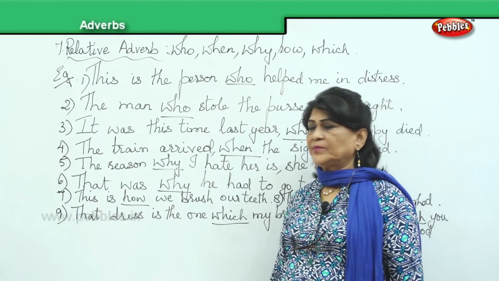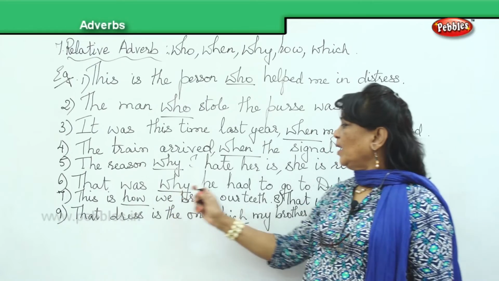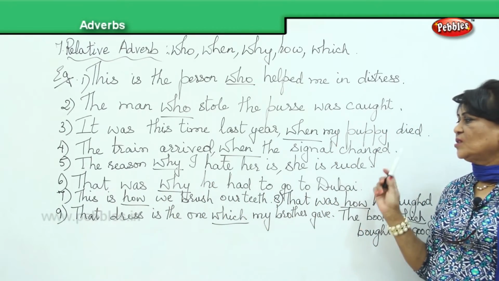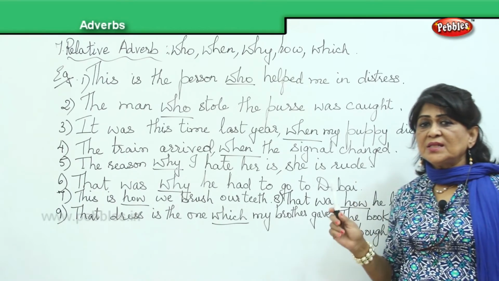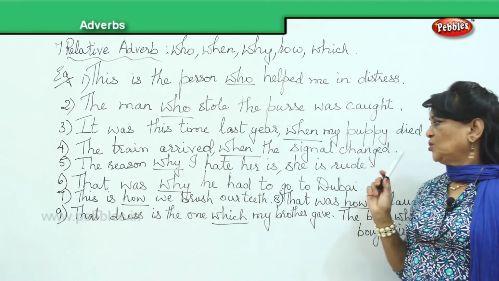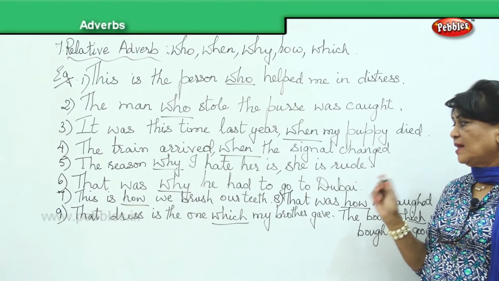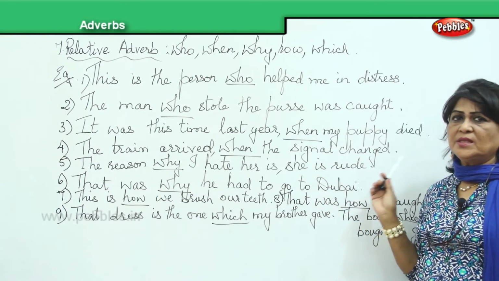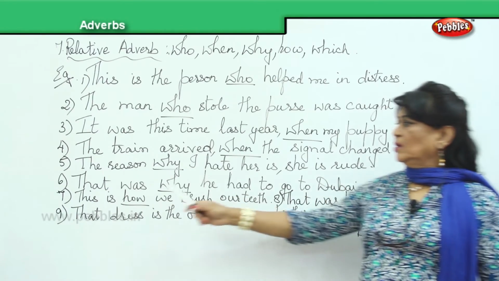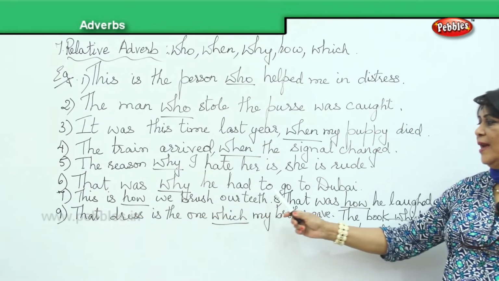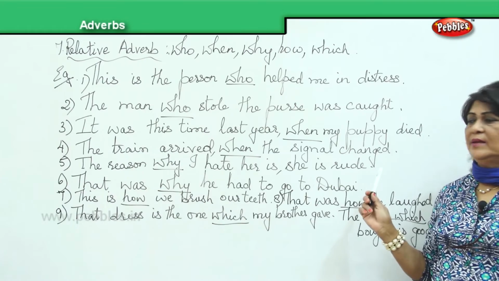Next one. The reason why I hate her is she is rude. Is that she is rude or is she is rude? That was why he had to go to Dubai.